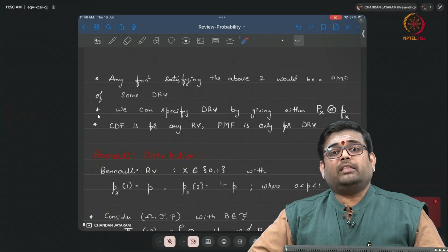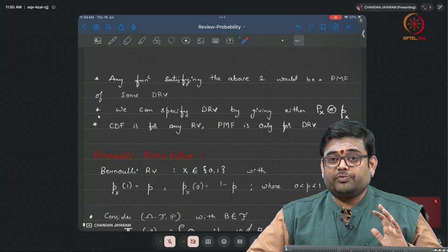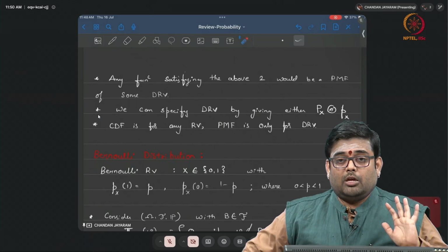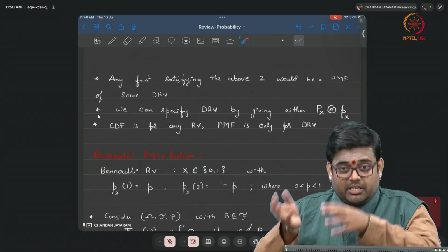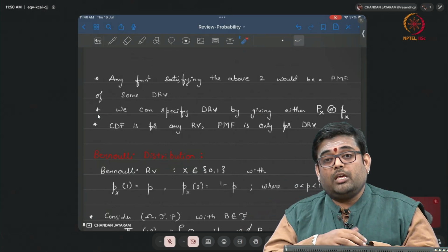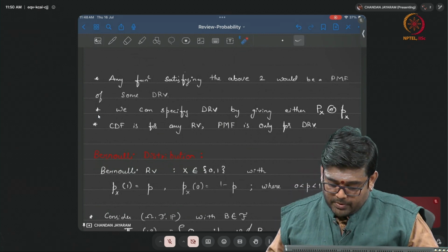So either you get the CDF, which is nothing but the sum of PMFs, or you directly give the PMF. Given either of these, I will be able to reverse engineer and get the probability of each of the events, okay. That is what is being done here, okay.